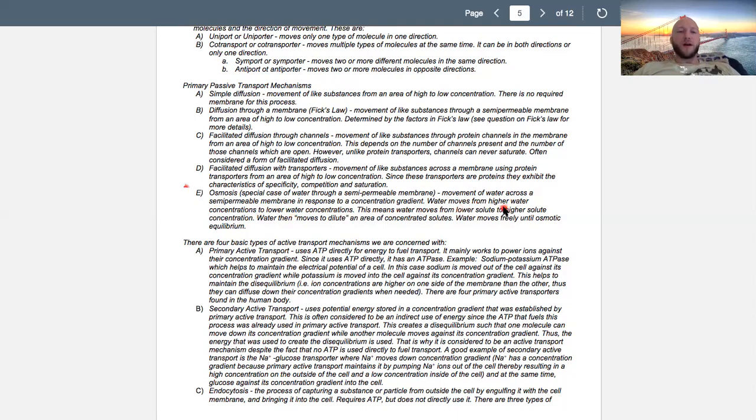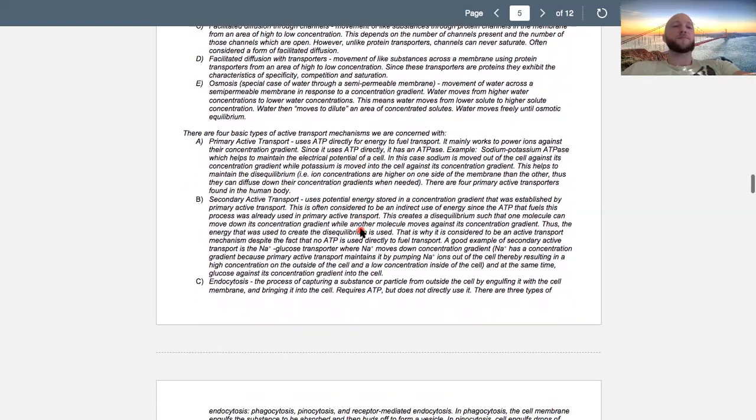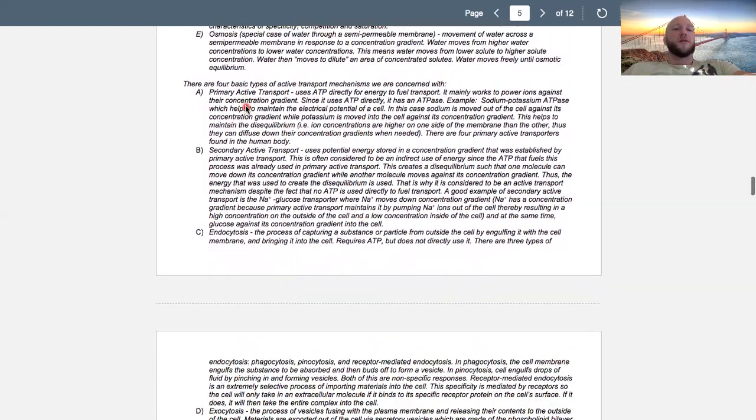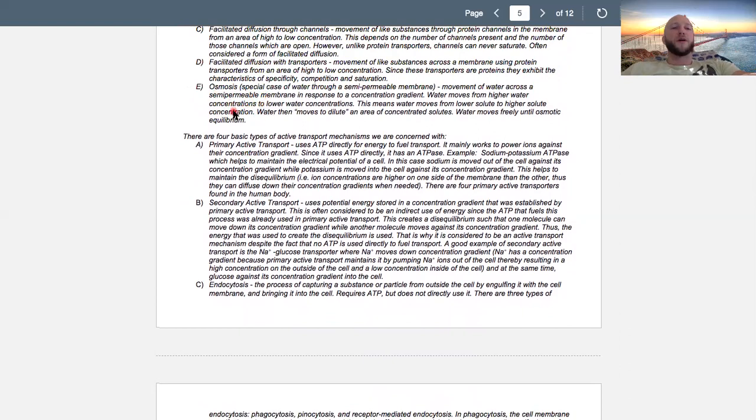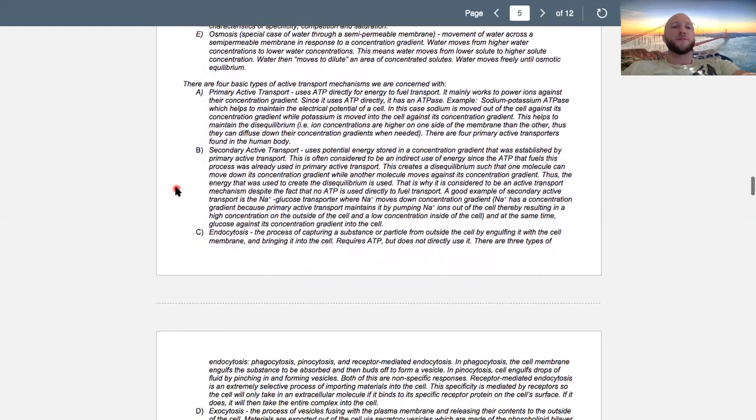Water moves from higher water concentrations to lower water concentrations. That means water moves from lower solute to higher solute concentration. Water moves to dilute. The solution to pollution is dilution. Water moves towards areas of higher dissolved particles. We'll have another group problem on osmosis also coming up shortly.